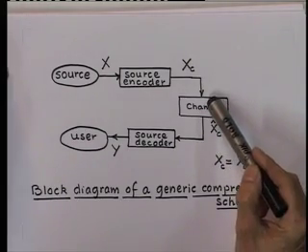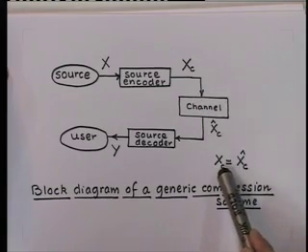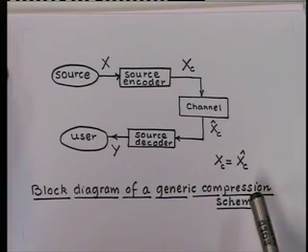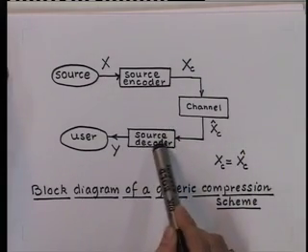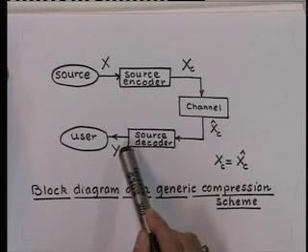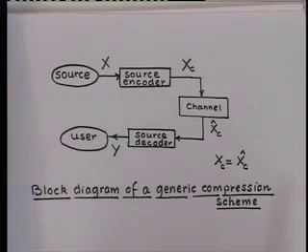Usually, we will take the channel to be the identity mapping, which means x_c is equal to x_c cap. The source decoder takes the compressed representation and produces a reconstruction of the source output y for the user.